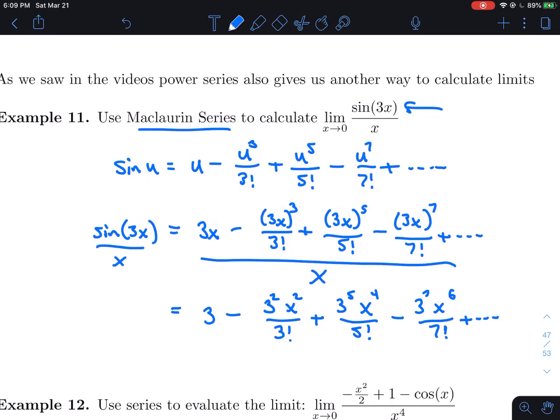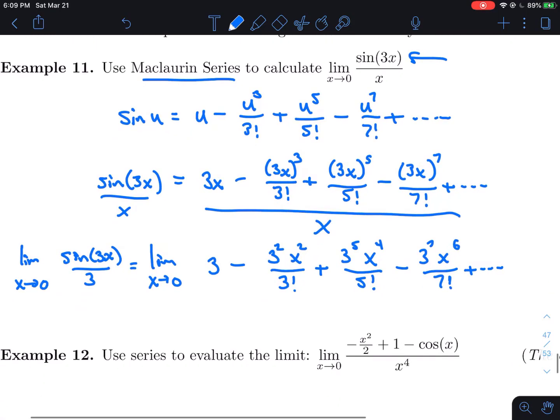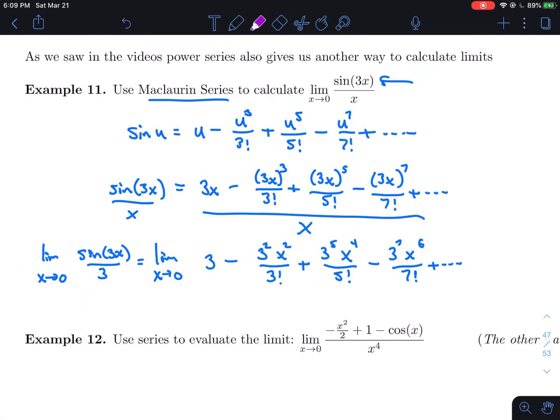And if we wanted to take the limit, right? Let's go ahead, I'll add a little bit more room here. The limit as x goes to 0 for this, sine of 3x divided by x. We'll notice that this first term is the only one that doesn't have x's in it. All of the other ones have x's.